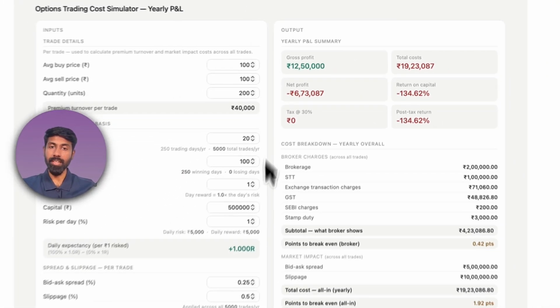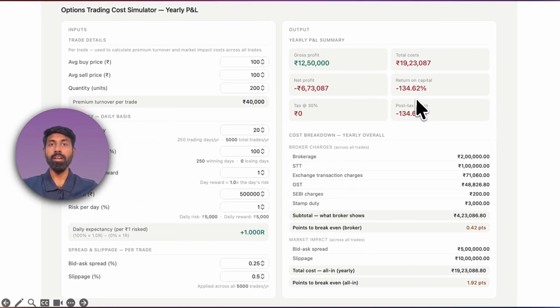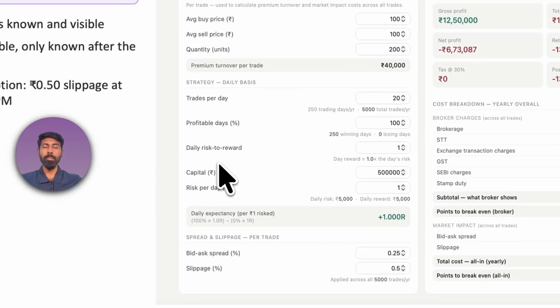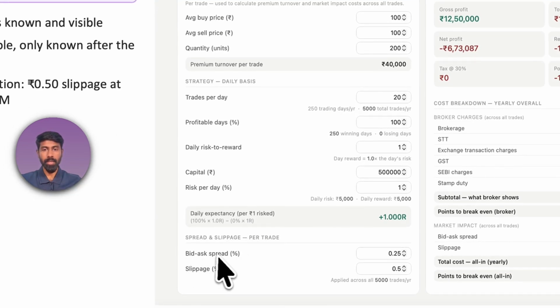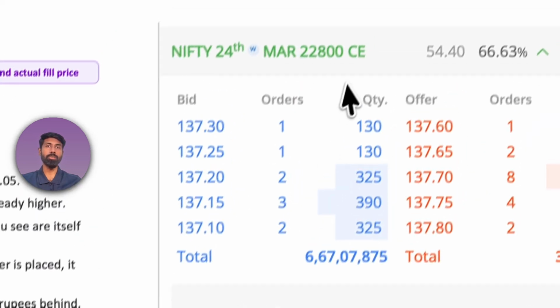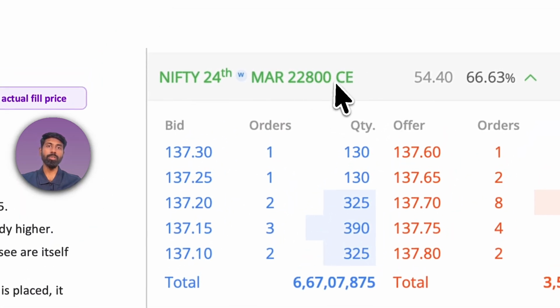Even though you have a great strategy, you are going to end up in a loss because of bid-ask spread, slippage, and cost. Now, many traders do not assume this bid-ask spread to be a separate cost. They might consider it to be slippage, but I identify them separately because bid-ask spread is always known for the instrument you are trading. So look at this 22,800 call option, ATM option. Bid-ask spread is 30 paisa, 137.6 minus 137.3.